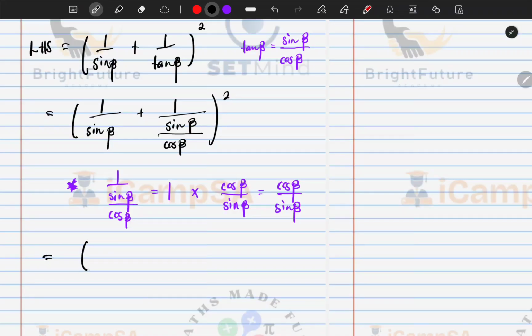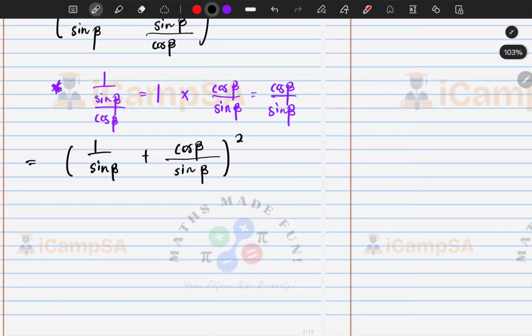So now I'm going to have 1 over sine of beta plus cos of beta over sine of beta, all squared. From there, I have the same denominator, so I can just add the numerators. So it's going to be 1 plus cos beta all over sine beta, all squared.